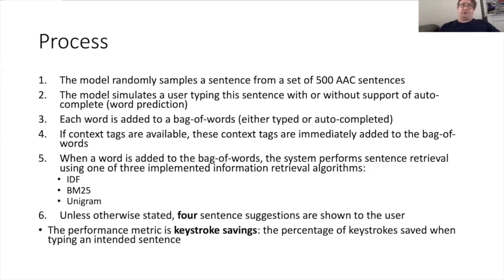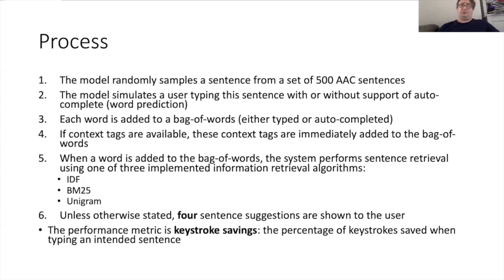If context tags are available, these context tags are immediately added to the bag of words. When a word is added to the bag of words, the system performs the sentence retrieval using one of 3 implemented information retrieval algorithms that are presented in detail in the paper. Unless otherwise stated, 4 sentence suggestions are shown to the user.